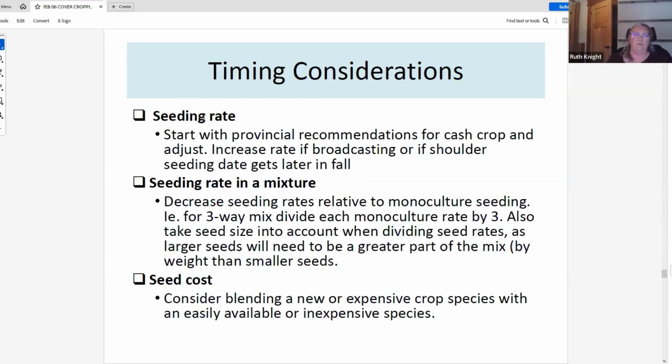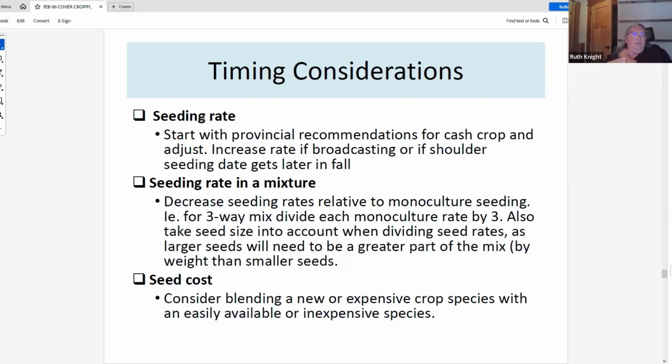So generally, if there's a recommendation for a species as a cash crop, you reduce or adjust it, because in a cover crop you don't need as much density. And then if you are broadcasting, you need to increase the seeding rate, or if you're doing it in the shoulder seeding time period and it gets later in the fall, you would increase the seeding rate, just to ensure that you get soil coverage and more germination.